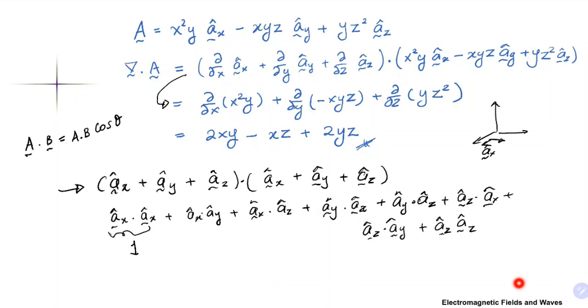AX and AY are orthogonal. They are 90 degrees. So dot product of that, cosine 90, will be 0. Same thing, X and Z is also 90 degrees. So that is 0. This one also 0. This also 0.